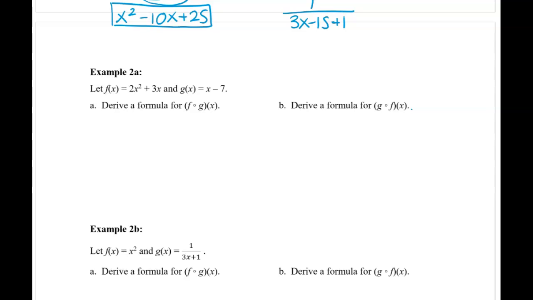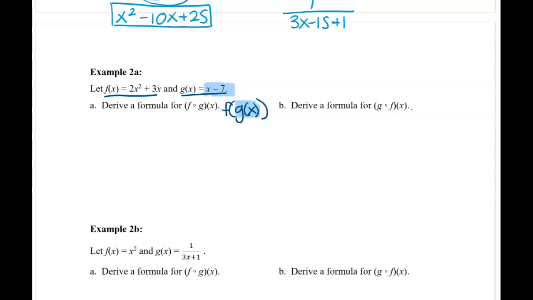So now let's derive a formula for f of g of x. So here we have f of x, we have g of x. I'm going to rewrite this as I have been. And so now, instead of actually plugging something in for g, we're just going to take what g of x is, which is x minus 7, and put it in there.